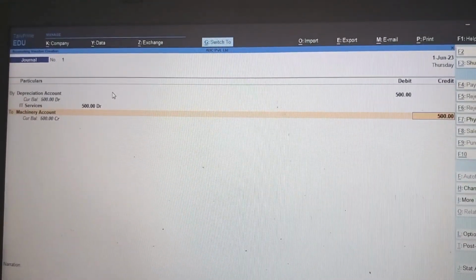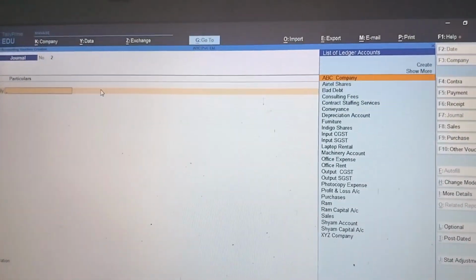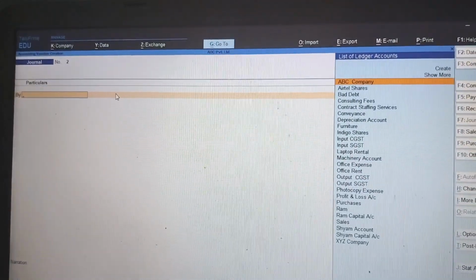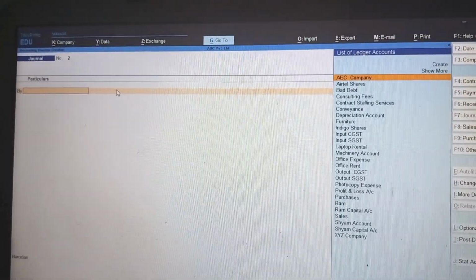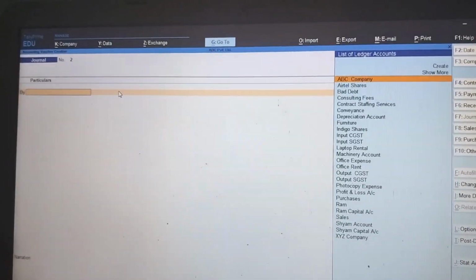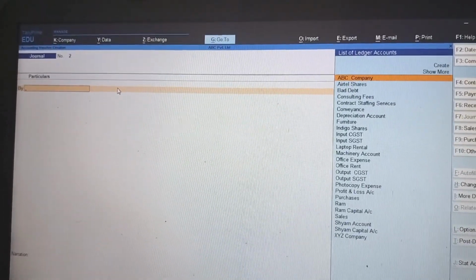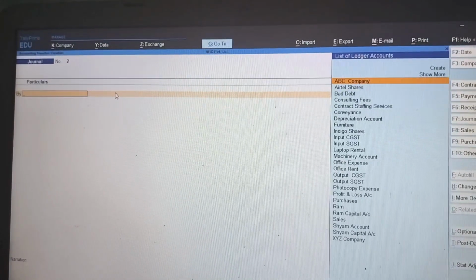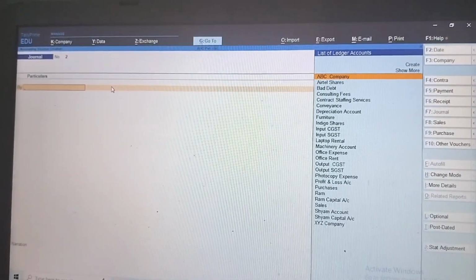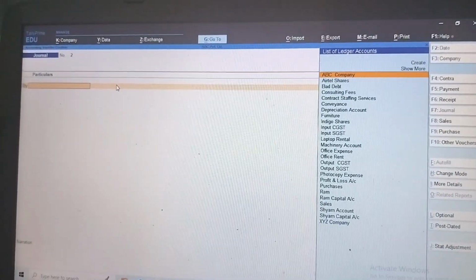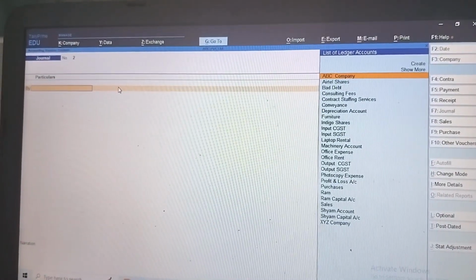This was one entry. And discount allowed also, in that case also cash and bank account is not involved, so we will see the entry for that as well. Now you tell me, discount allowed will be in what case, in case of payment or in case of receipt.